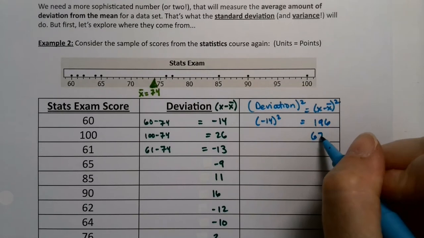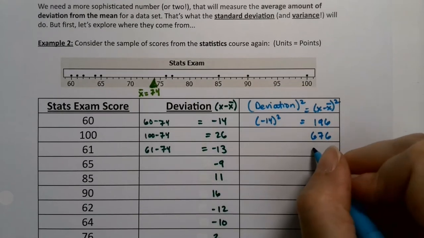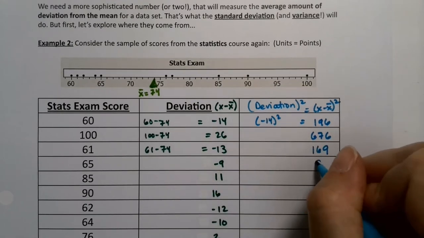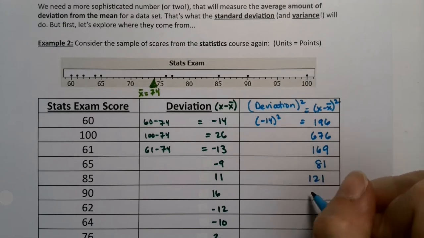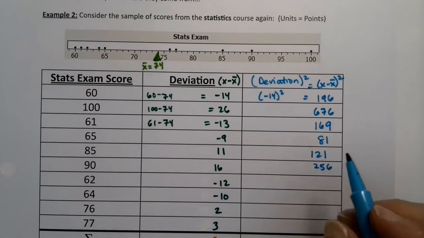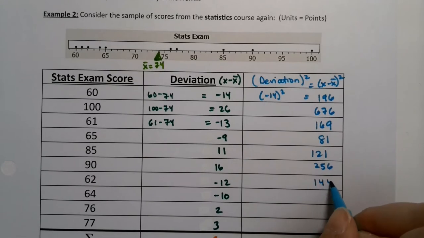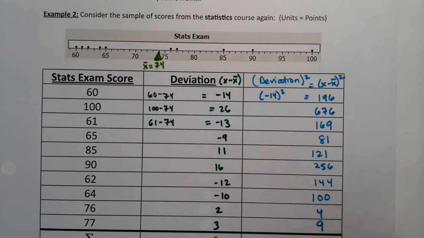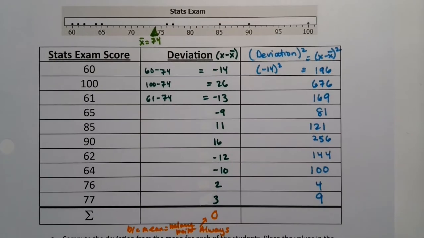This was 676. I didn't need 13 because I knew 13 from my times tables. It's 169, 81, 121, 256. So I wrote that weird. 144. 10 squared is 100. 4 and 9. Now we're getting somewhere.